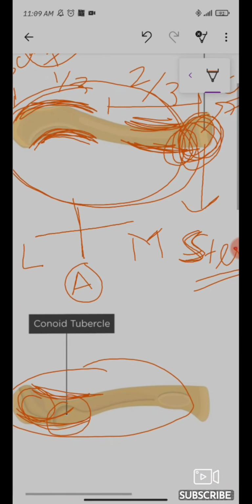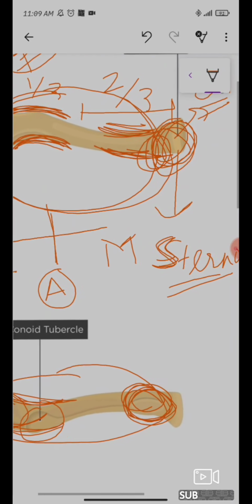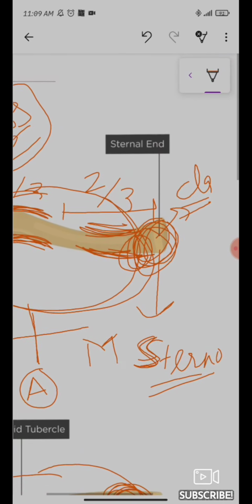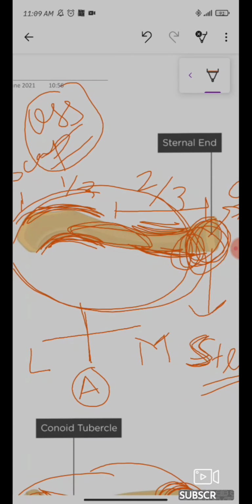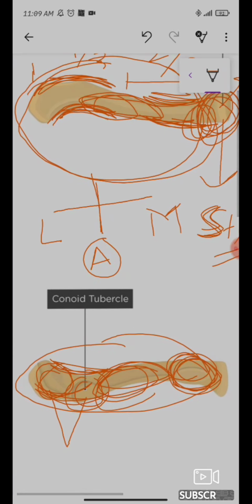The inferior surface has a rough oval impression at the medial end, and the superior surface is rough in its middle part. Okay, this is the subclavian groove in the inferior surface, and it has the conoid tubercle and trapezoid ridge which provide a rough surface to clavicle.